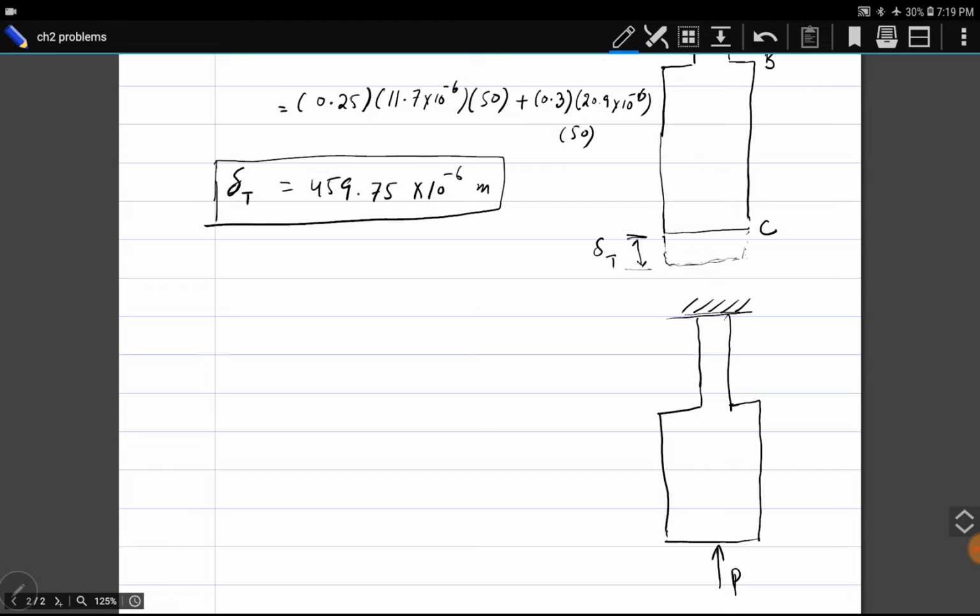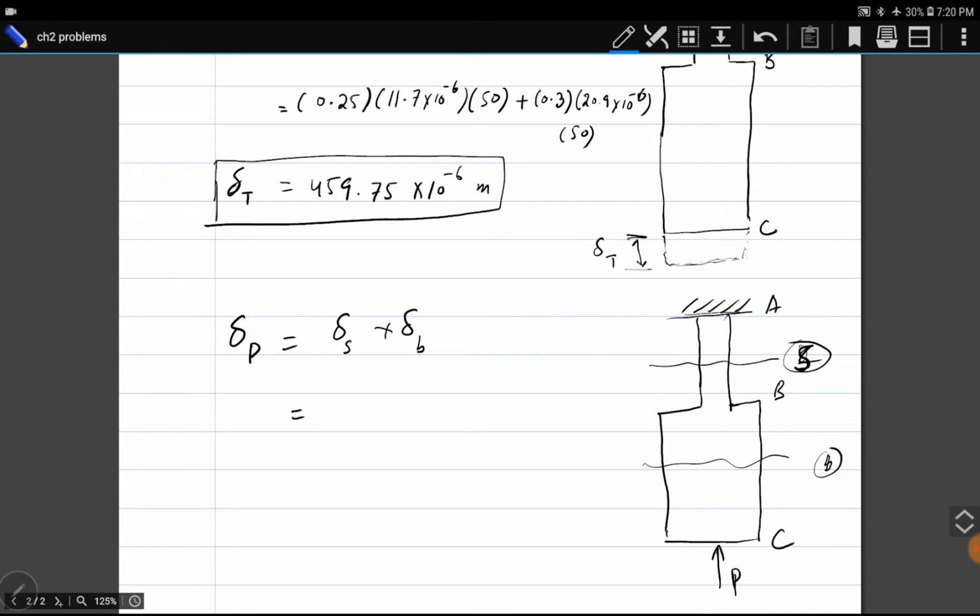So deformation delta P. Load is constant between point A and point C, but area is changing. There is section 1 and section 2, or I will call it section brass B and section steel S. So it is equal to delta in steel plus delta in brass.